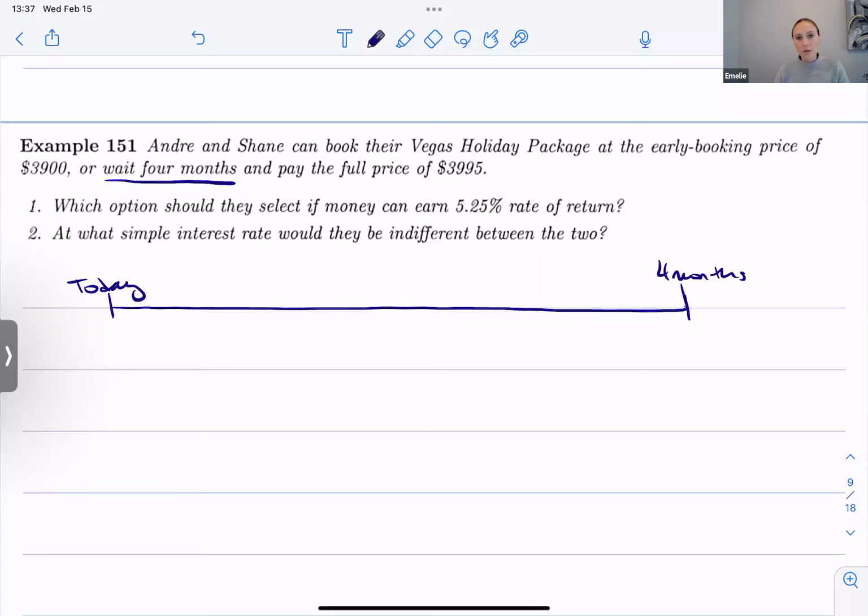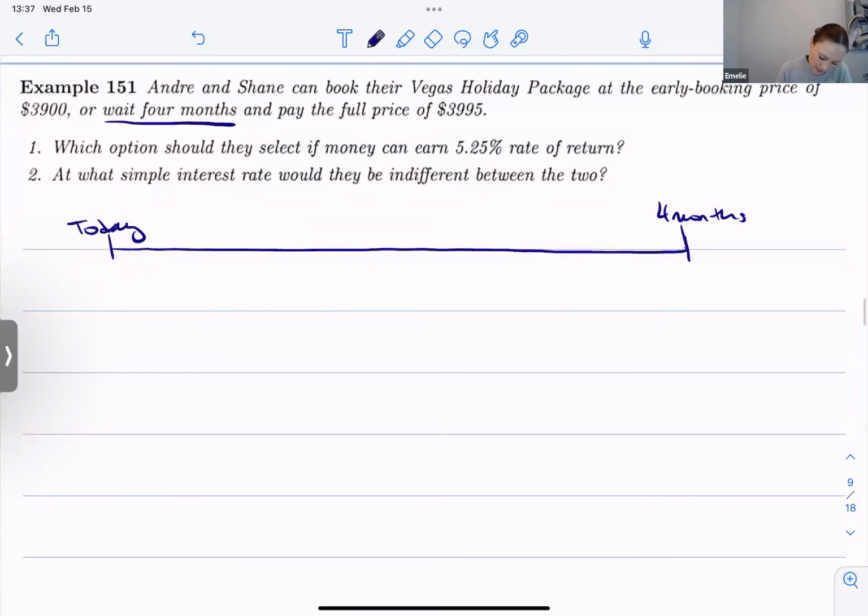In theory, Andre and Shane could go to the bank at 5.25%, invest $3,900 for 4 months, and then take it out and pay for the trip. So what we want to find out is, can they get more than $3,995 or less? And then depending on what happens there, we'll be able to make a decision.